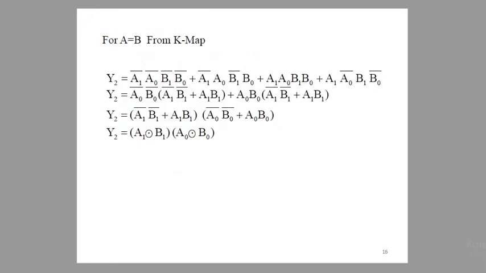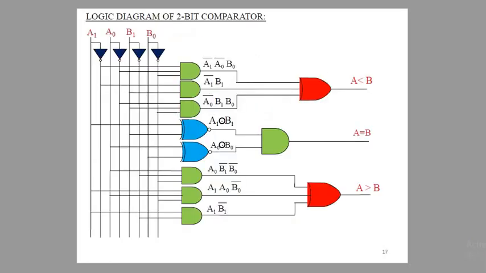By using the K-map, logic expressions are obtained for Y1, Y2 and Y3: A is less than B, A is equal to B, A is greater than B. Then by using logic gates, implement the 2-bit magnitude comparator using the logic expressions. A1 and A0 with their complements.